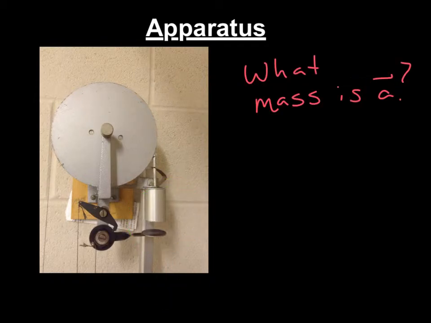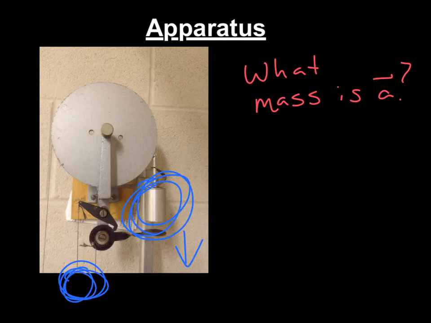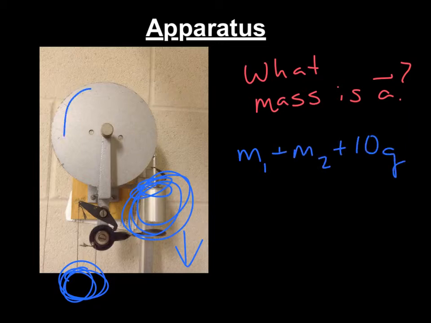So let's talk about which mass is actually accelerating. It is the mass here, because it's going to go down. It's the second mass, the 10 grams you added. So we've got mass 1 plus mass 2 plus 10 grams. But there's another thing that's moving, and it's this pulley. If you look, this spot goes around really fast.